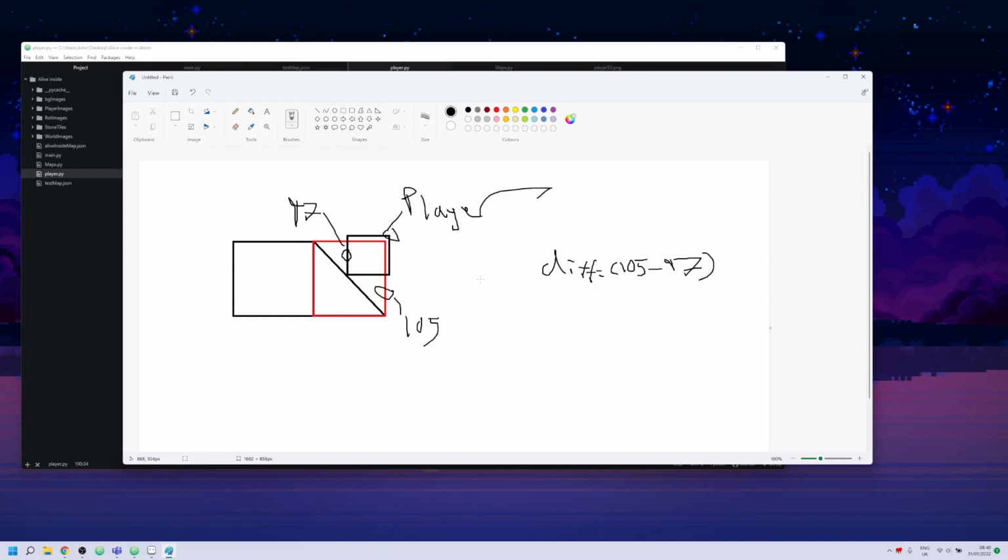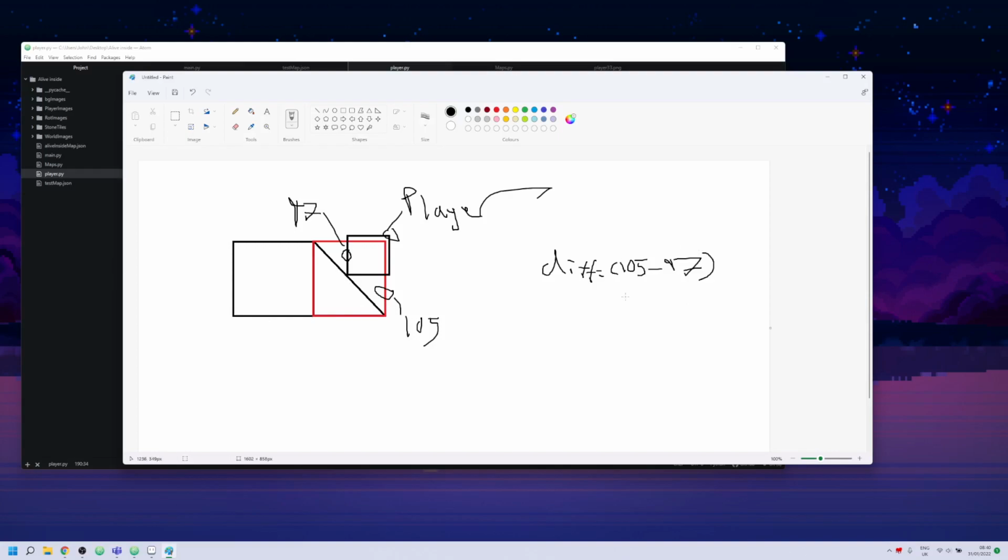This is under the assumption that we're working with a perfect right angle triangle, which is a perfect half of the tile. You set the y equal to the bottom of the ramp's rect minus the difference.